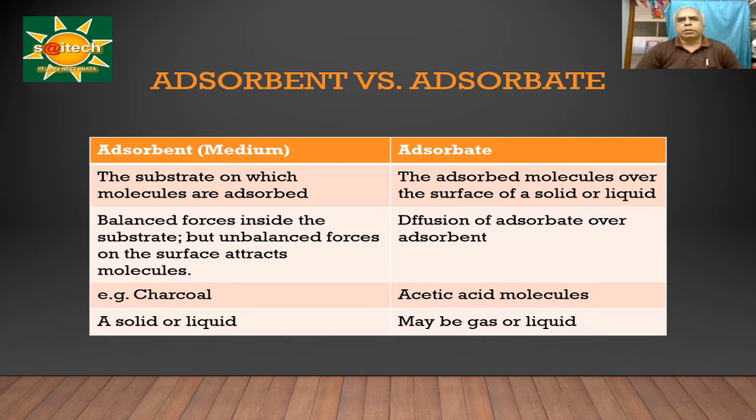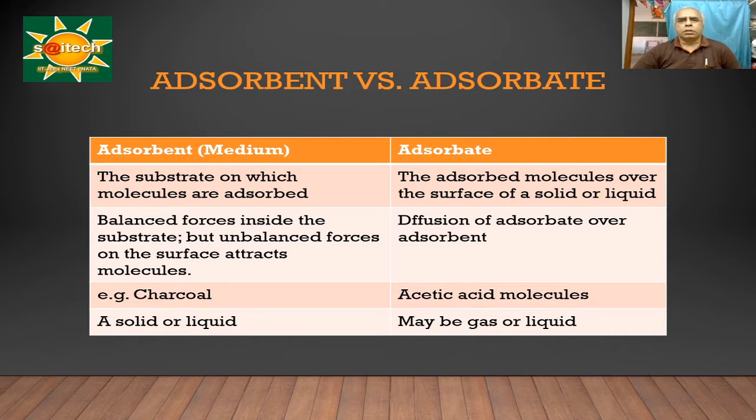That is why a material becomes an adsorbent, so that the finer particles or the adsorbing molecules will be adhered over the adsorbent. In the case of adsorbate, there is a diffusion of adsorbate over the adsorbent. They will be spreading over the surface.